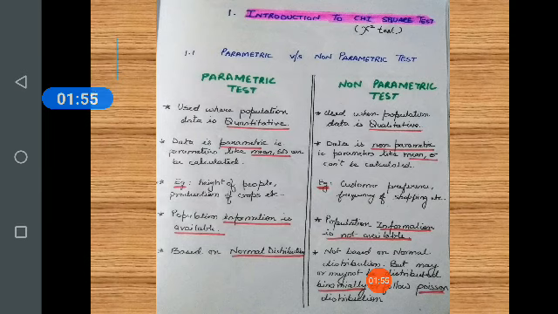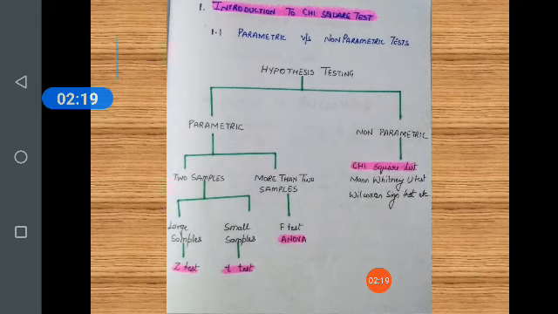For example, if we are working on consumer preference, we cannot find out the average preference. The population information may not be available in such cases, and the data is not normally distributed, though it may be distributed binomially or in Poisson distribution, but that is not a must.